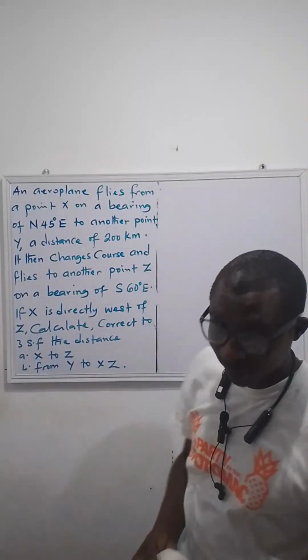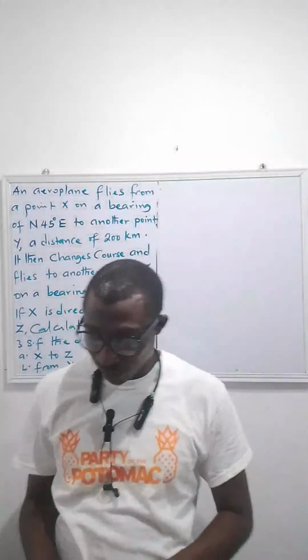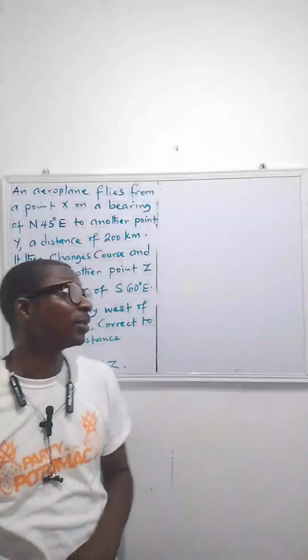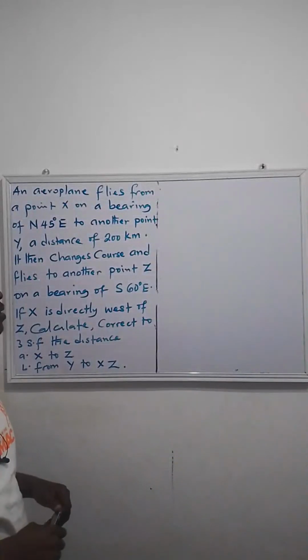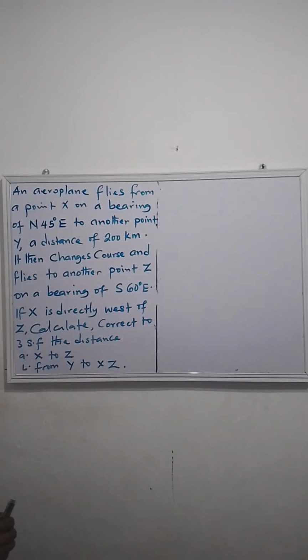All right. Can we look at the next question? An aeroplane flies from a point X on a bearing of north 45 degrees east to another point Y, a distance of 200 kilometers. It then changes course and flies to another point Z on a bearing of south 40 degrees east.